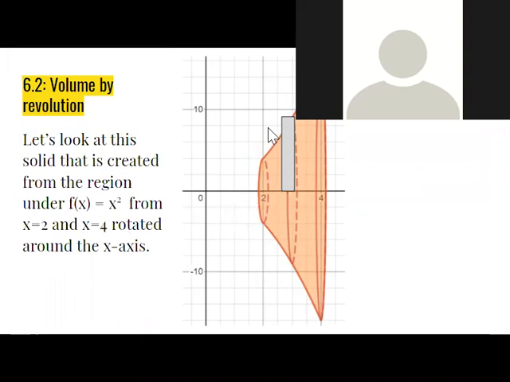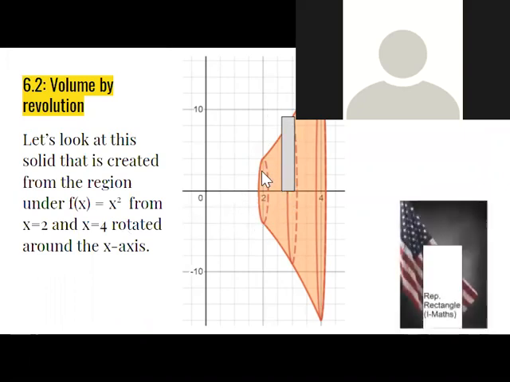Now, I also drew in a representative rectangle here to help us think about what the radius might be. In this case, the volume of this particular shape is going to be pi times the radius squared, because when you cut it perpendicular here, you're going to get a circle.